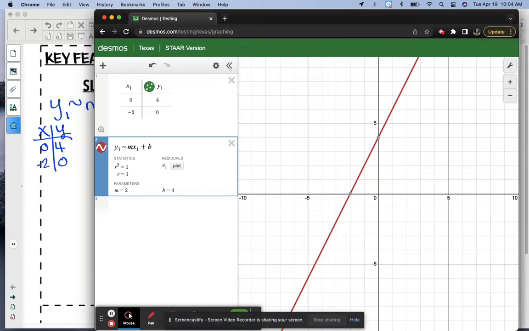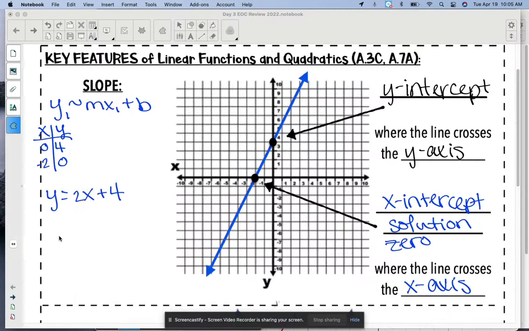And that's what gets us our graph, our slope, our y-intercept, everything we need to write the line, find the slope, etc. So our slope is 2, so y equals 2x plus 4, because that is our y-intercept.